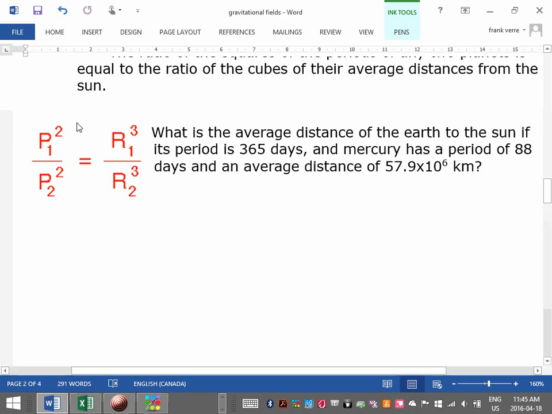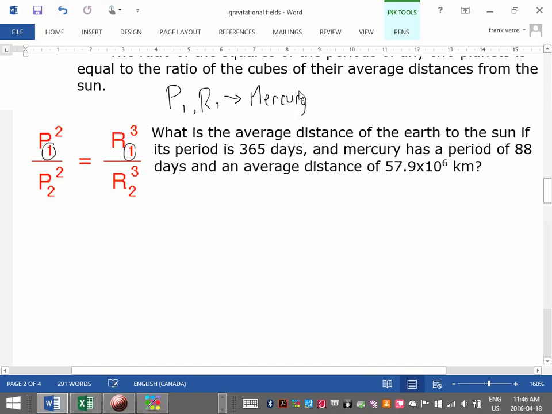So it doesn't matter what is R2 or R3, just be consistent. See how you have P1 and R1? So we're going to say P1 and R1 refer to Mercury.